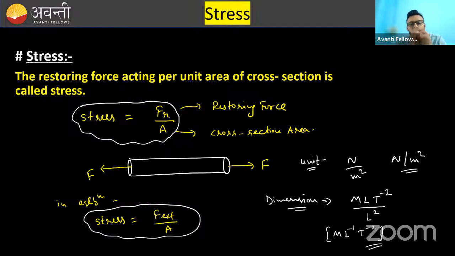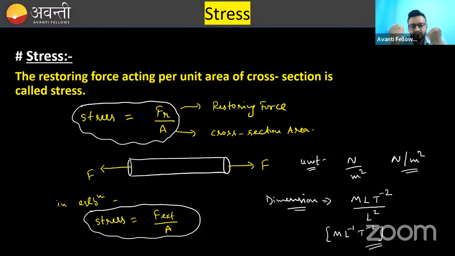Now, depending on the applied force, or the direction of the force, we can identify the type of stresses. Or you can say, depending on the change in shape of the body, we can identify the stress type.